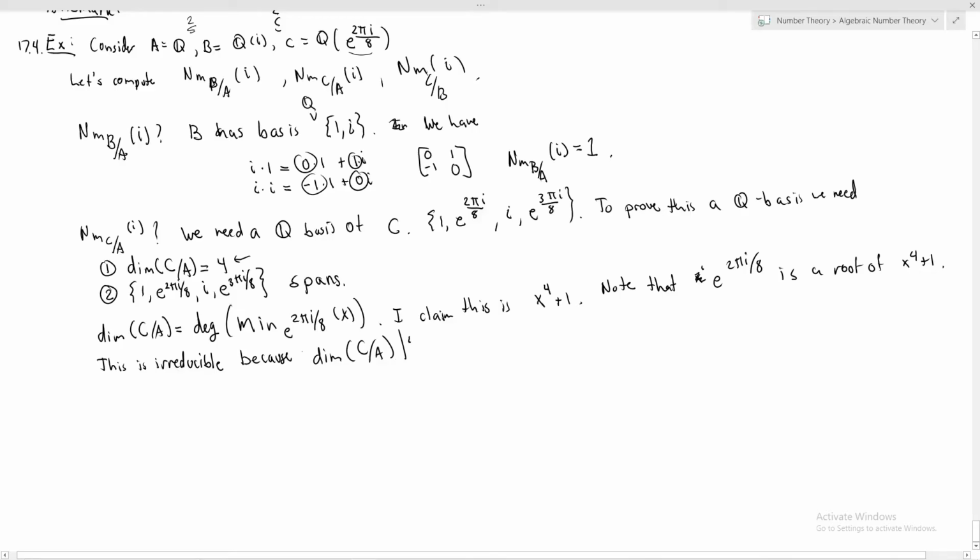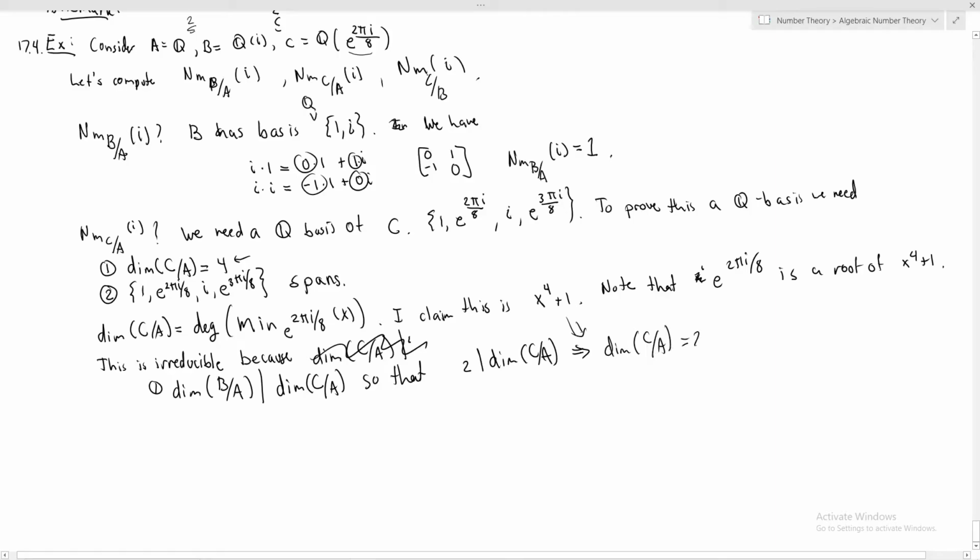Okay, here's how we'll do it. By the tower law, dim B over A divides dim C over A, so that 2 divides dim C over A. Together with this, that implies dim C over A is either 2 or 4, because it's divisible by 2 and bounded above by 4.